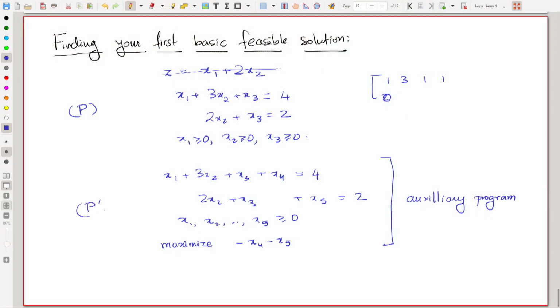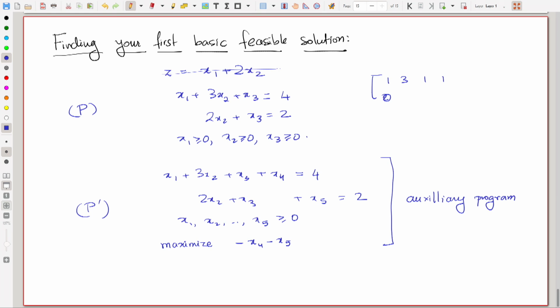Now, suppose the original program. So, let us call this program P and let us call this program P prime. Now, suppose the program P has a feasible solution. That means that the program P prime has a feasible solution where x 4 and x 5 are both 0, and I need to find that solution.